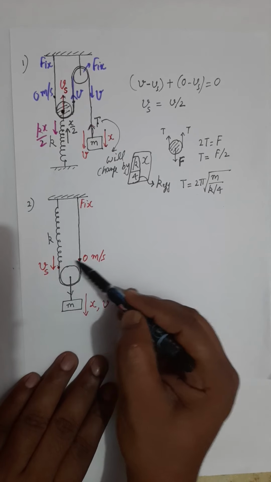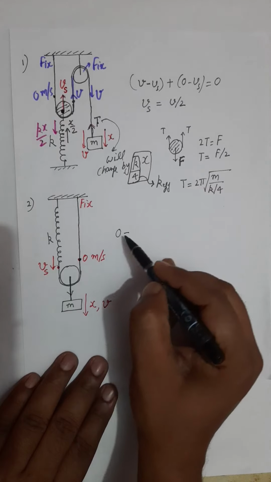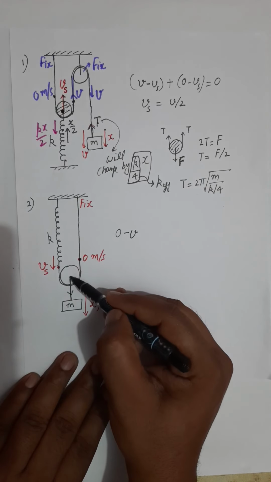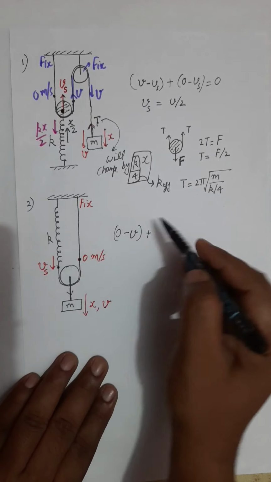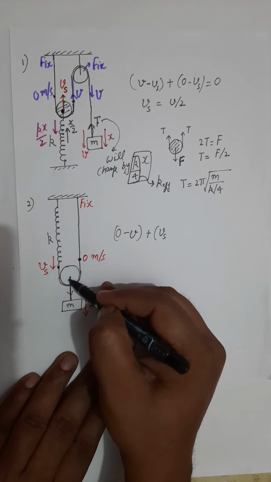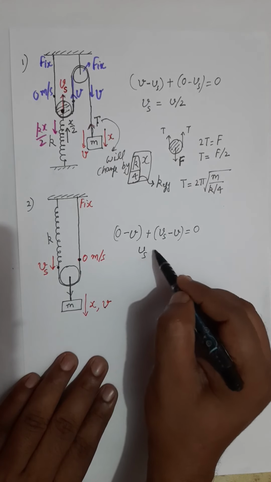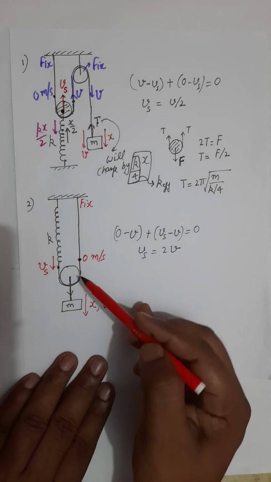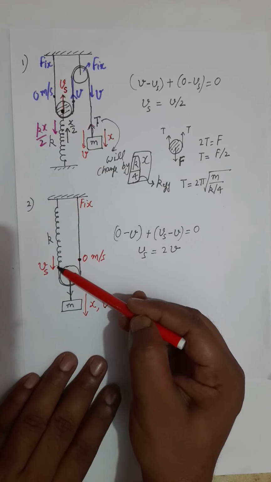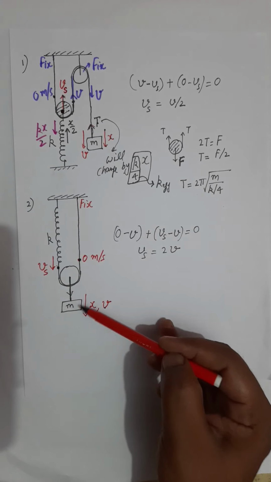It is 0, it is vs. So now relative to the pulley, this point will be 0 minus the pulley velocity, which is v, plus on the other side vs minus this pulley velocity, and put it as 0. I get vs equals 2v now, which means the spring is now moving with double velocity. This point of the spring will be moving at a velocity 2 times this block's velocity.